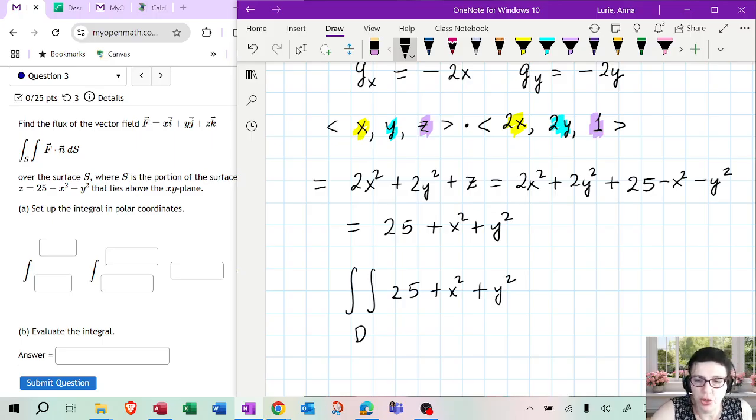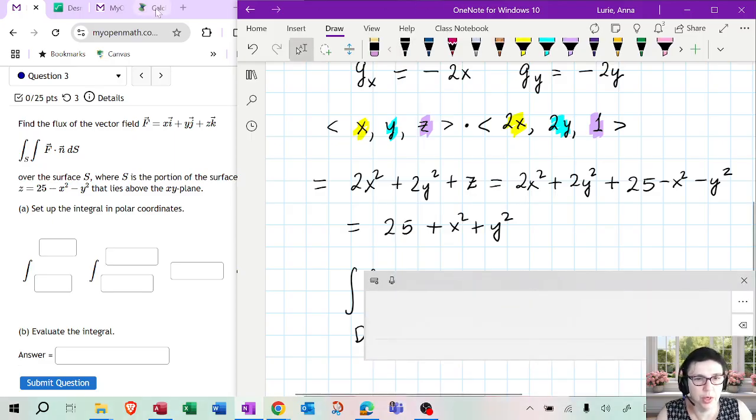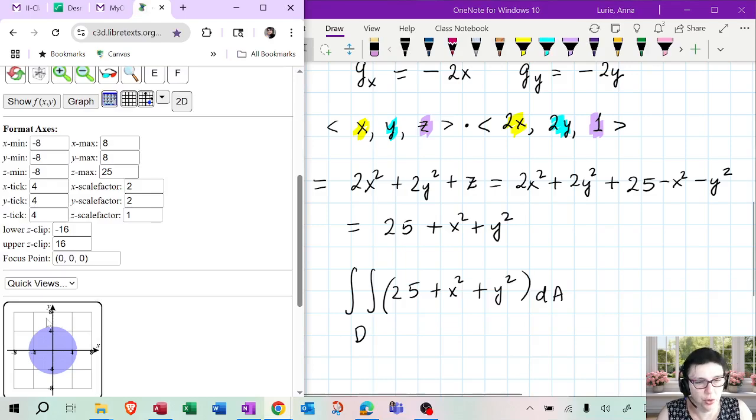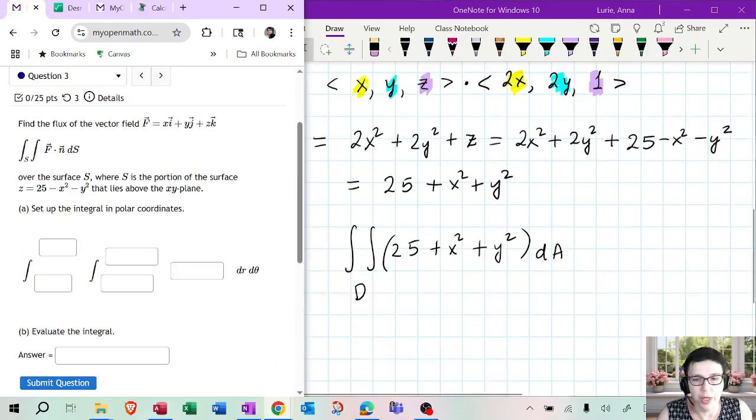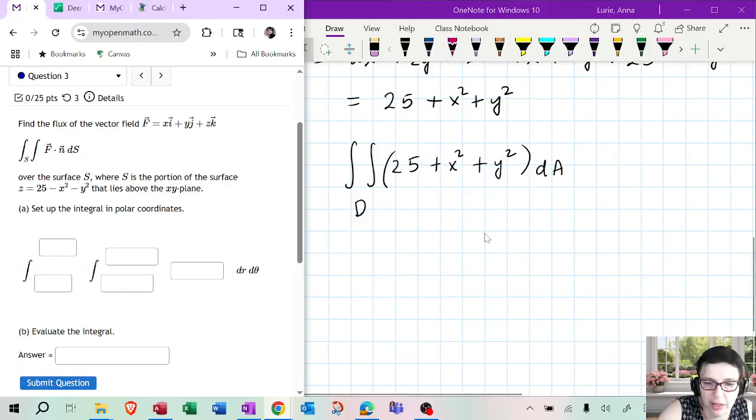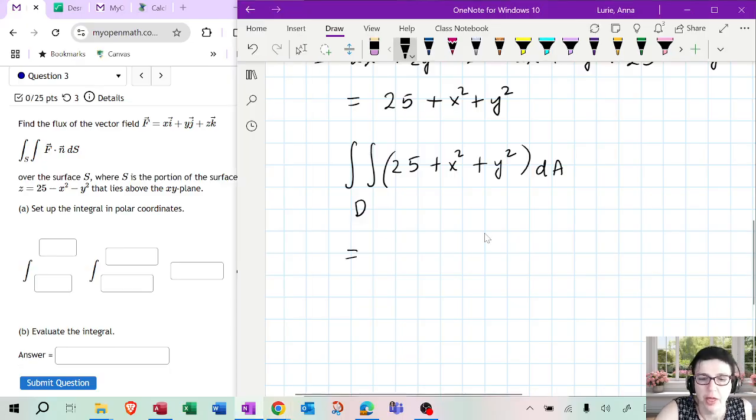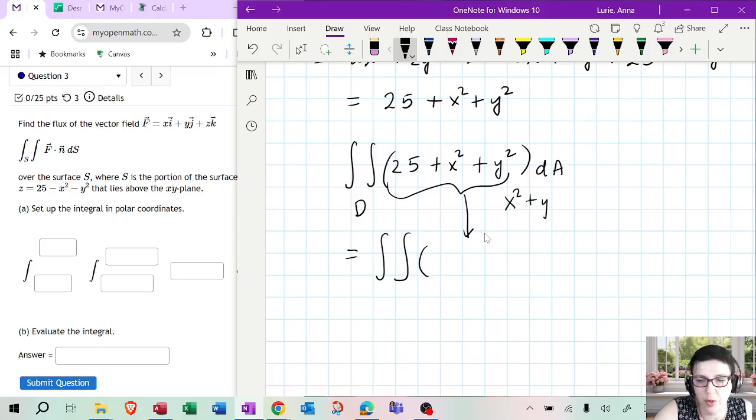But I already showed you that the projection, remember the projection when I showed you the picture, is that circle of radius 5. So we are going to switch to polar, because anytime we are integrating over a circle, it is much easier to integrate by switching to polar coordinates. So how do we do that? Well, we need to remember that for polar coordinates, x squared plus y squared becomes r squared. So we are actually integrating 25 plus r squared.